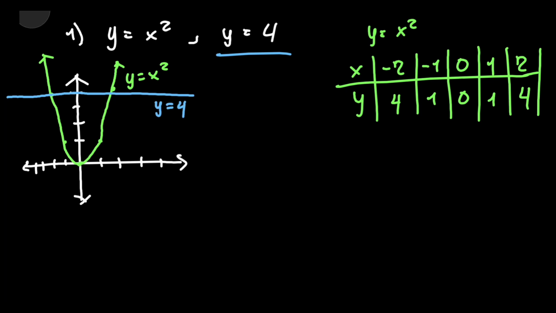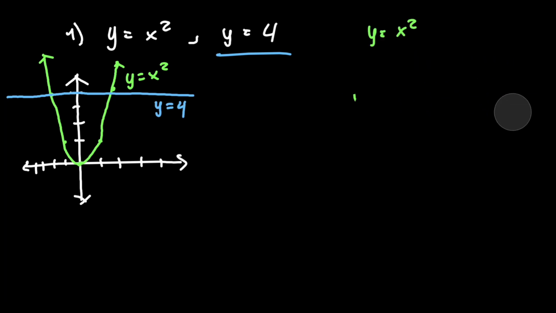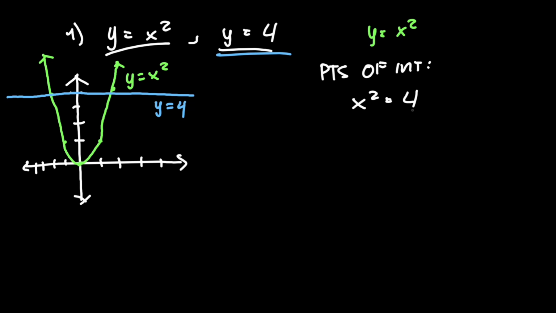And so, the next step right here would be to find the points of intersection. So we can equate these to each other since they are both y. So this would be x squared equals 4. The square root of 4 would be equal to positive or negative 2.